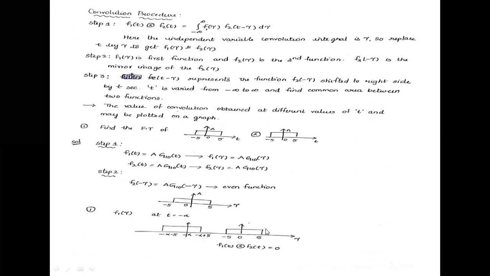There is no change in f1; f1 is the same value, only a shifting occurs in f2. In f2, after folding, we add the t values and it is shifted towards the right side. Adding minus infinity to minus 5, 0 and 5 and multiplying the two functions, the value is 0.